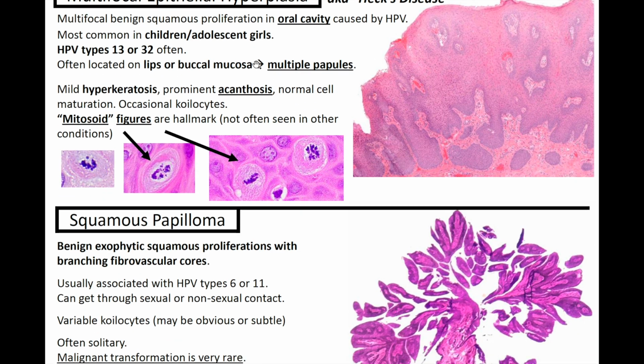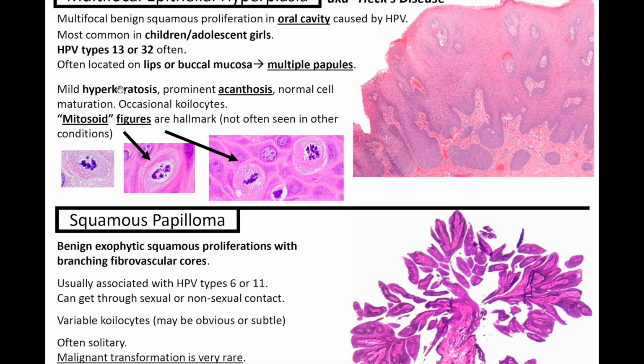Another entity is multifocal epithelial hyperplasia, or Heck disease. It is a multifocal benign squamous proliferation in the oral cavity caused by HPV. It is most common in children or adolescent girls with HPV types 13 or 32. It's often located on the lips or the buccal mucosa with multiple papules.